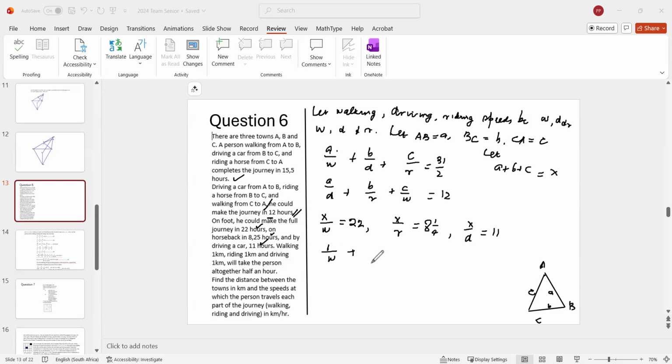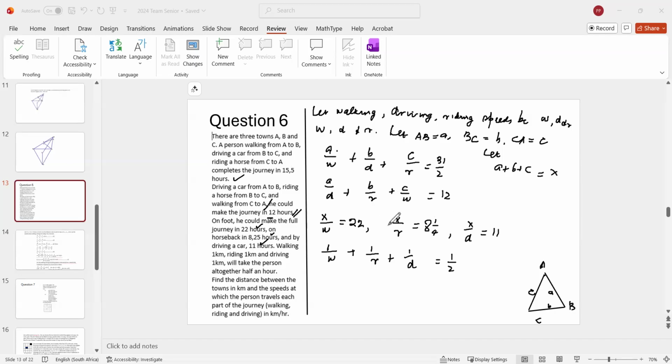Riding 1 kilometer, there again the distance is 1 over R, that's the time that you will take. And driving, 1 over D, these are the 3 times you will take to walk, ride, or drive 1 kilometer. Altogether, it'll take half an hour. So that, remember, this is in hours now. So everything is in hours.